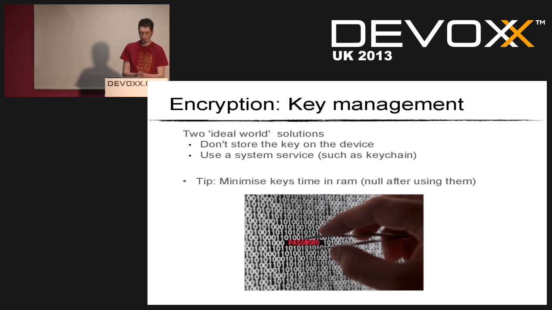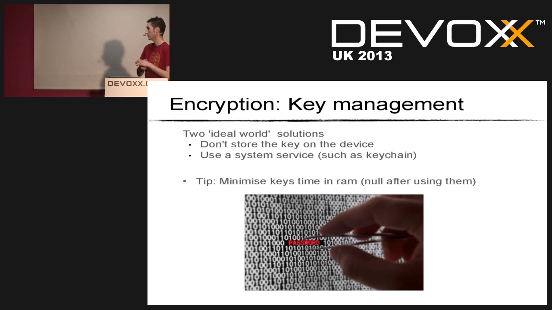The Android SDK includes the Java Cryptography Extension, which is awesome. So you can do all the strong encryption stuff that has been around in Java for ages. The tricky part is key management.